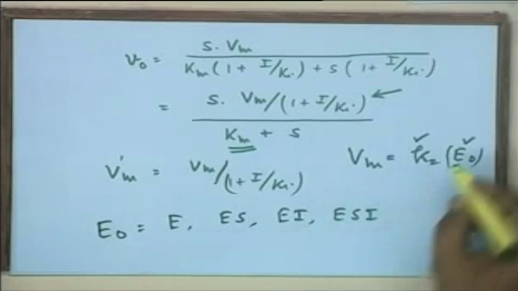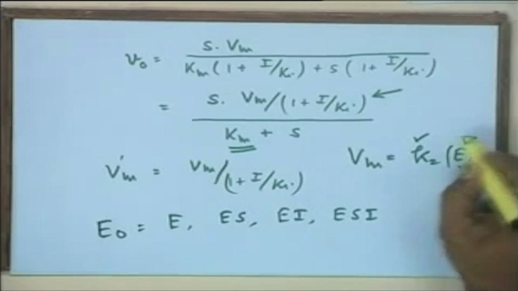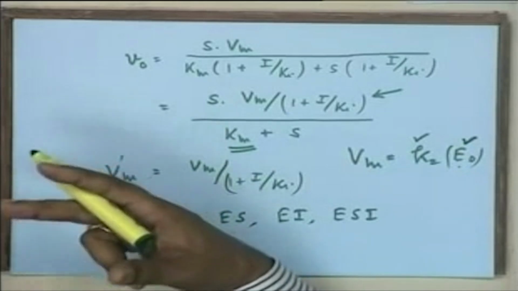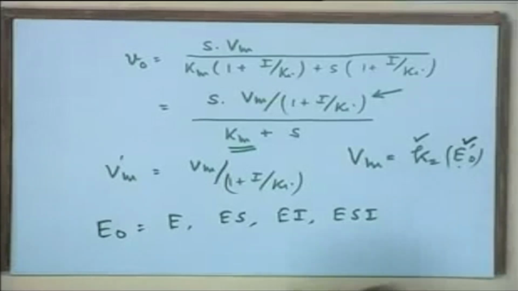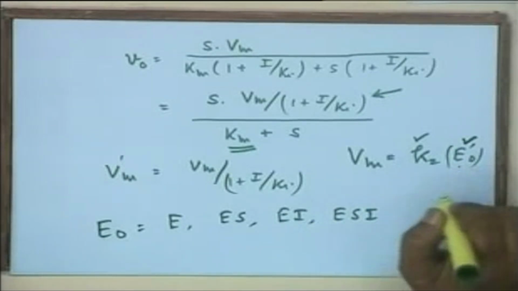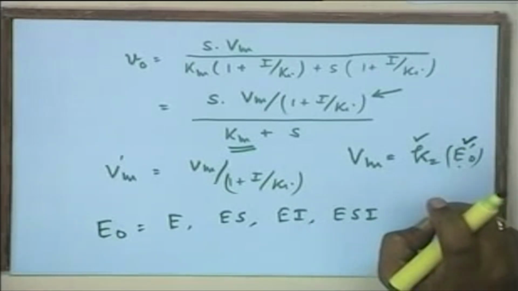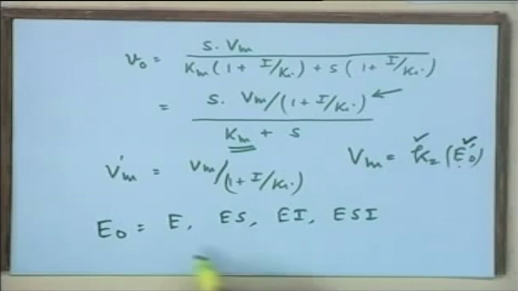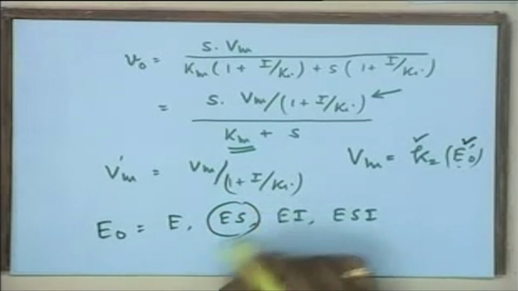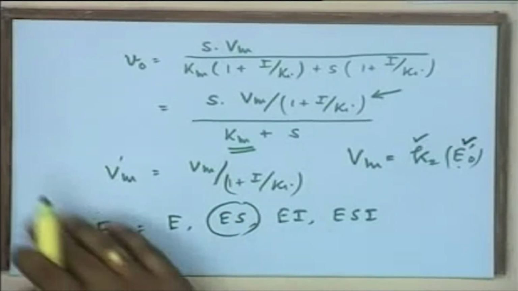So, basically E0 is not reduced, but the effective total concentration of enzyme, let us say E prime, the effective concentration of the enzyme which is catalytically functional, is reduced, and it is only the ES component which is catalytically functional.